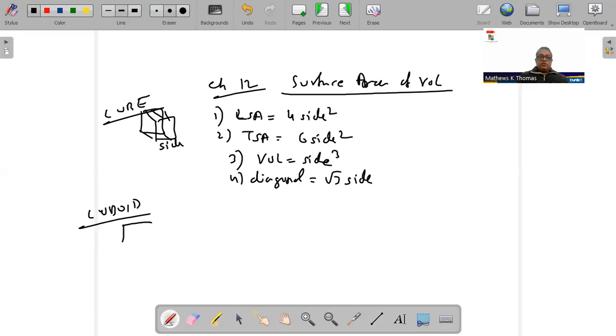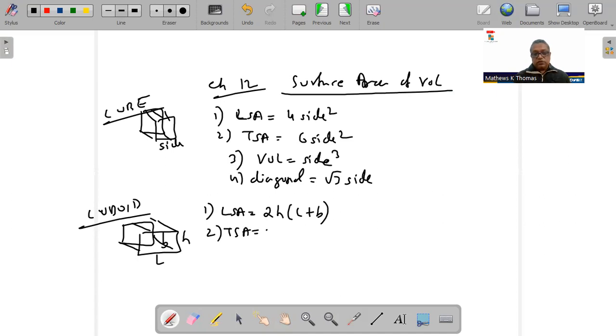Then we have cuboids. In a cuboid, unlike the cube which has all sides the same, we have 3 dimensions: length, breadth and height. The lateral surface area, or area of the 4 walls, is 2H(L plus B). Total surface area is 2(LB plus BH plus HL).